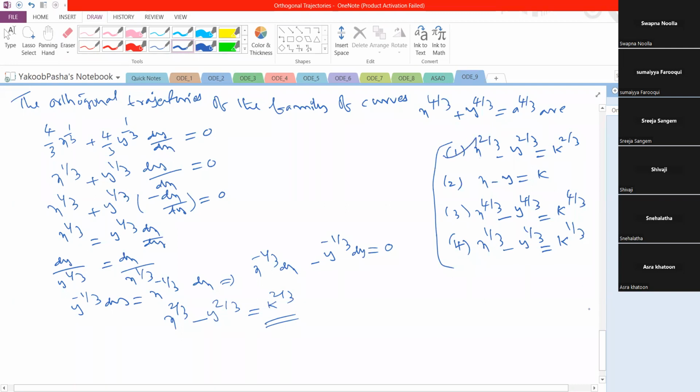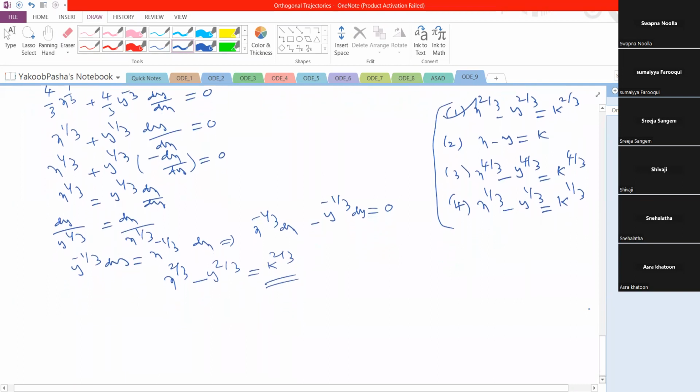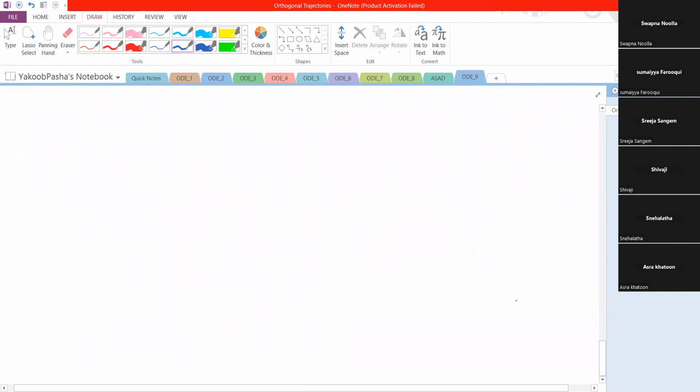Okay. Now I am taking one problem from recent Gurukul JEE, the orthogonal trajectories. Before going to discuss this problem, I'm taking one simple example in polar coordinates.